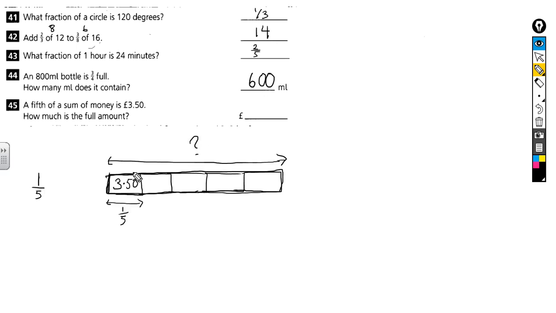If this is £3.50, then this must also be £3.50, and this is £3.50, as is this, as is this. We could add all of these up, a big long calculation of 5 £3.50s, but what we normally do when doing repeated addition of the same number is a multiplication. That's what's implied by saying 1/5 anyway.